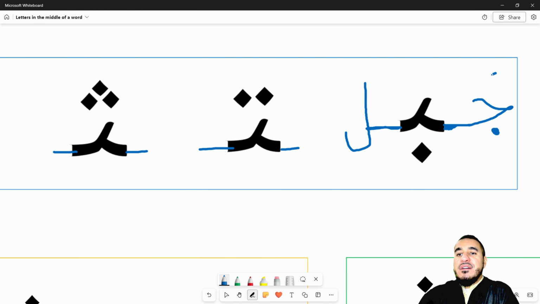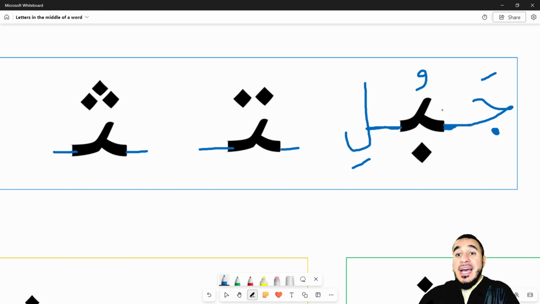We can put a fatha on the jim, a dhamma on the ba, and a kasra on the lam. Okay, it's not a real word, not with these harakat anyway. But how would we pronounce this word? Jabuli. Okay, you can see these three letters have joined together with the letter ba in the middle.